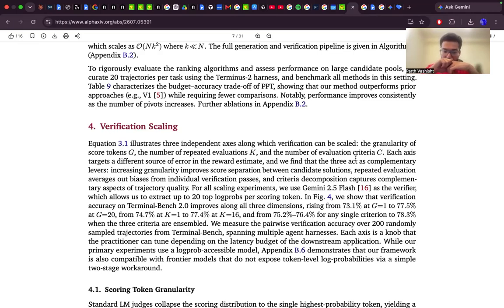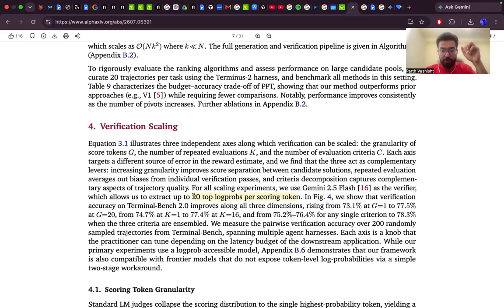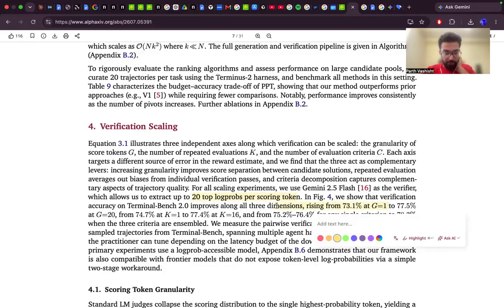Now, for all scaling experiments, the authors use Gemini 2.5 Flash as the verifier, and it allows us to extract up to 20 top log probabilities per scoring token. Interesting. In figure 4, we show that verification accuracy on terminal bench 2.0 improves along all three dimensions, rising from 73.1% at G equal to 1 to 77.4% at G equal to 20.